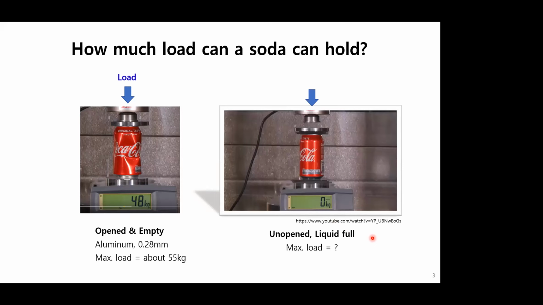Now let's see the test of the unopened can. In an aluminum tank, like a soda can or space rocket, it's going to be much stronger when there is some pressure inside. So I'm going to say that it's going to be at least twice as strong with the soda in it.